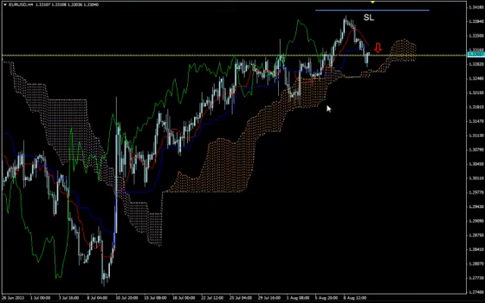Back to candlesticks. So we had an upward move of the pair, and we had this bearish reversal, this corrective move a few trading days ago.